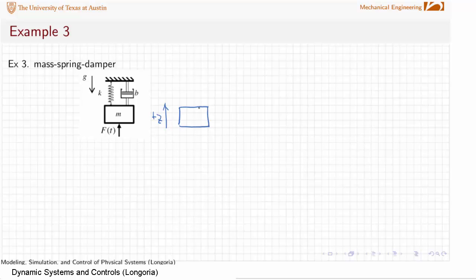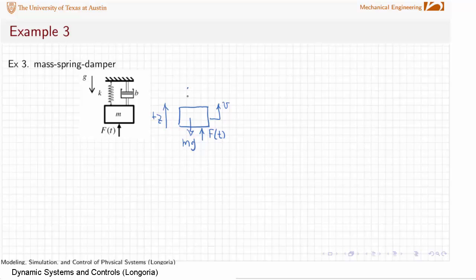We have gravity here, so we are going to have the mg force, so put that on there. We have an applied force, F of t, that's positive in the upward direction. And let's define the positive velocity of the mass upward. And this is going to be a single degree of freedom motion. It's only moving along one axis.